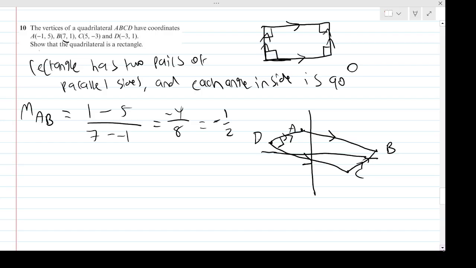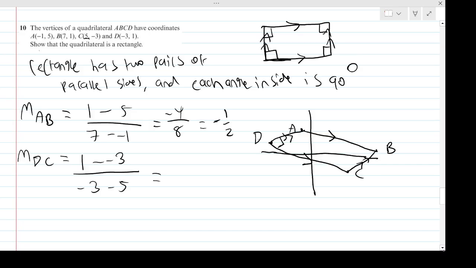Okay. Then what we suspect is the parallel side, right? The parallel to AB is DC. So DC, or CD, doesn't really matter what you call it. Again, we would work out the gradient between those points. So D, firstly changing y is 1, take away minus 3. Then we're going to have change in x, minus 3, take away 5.